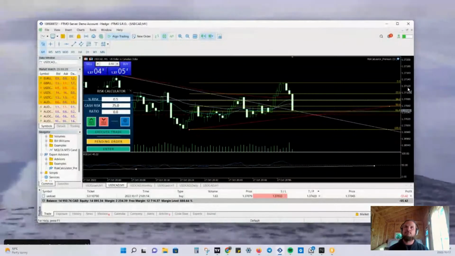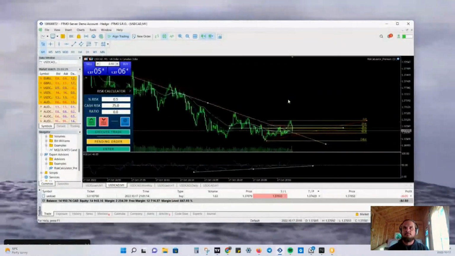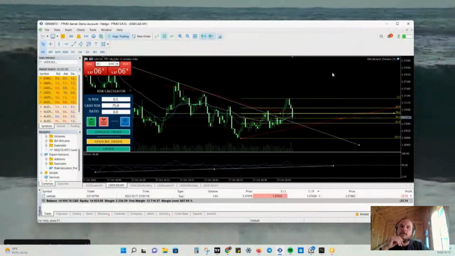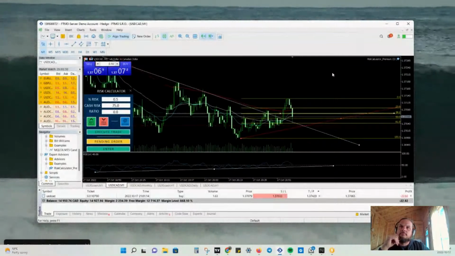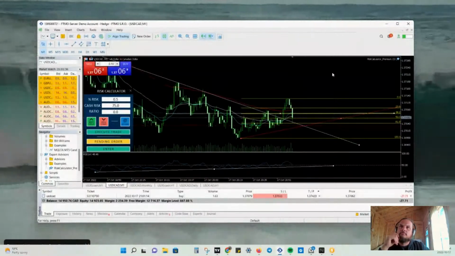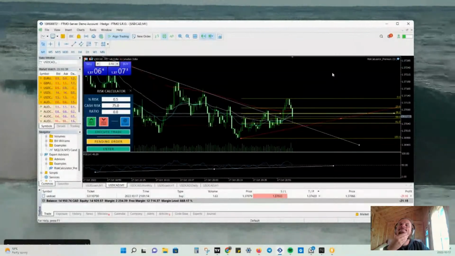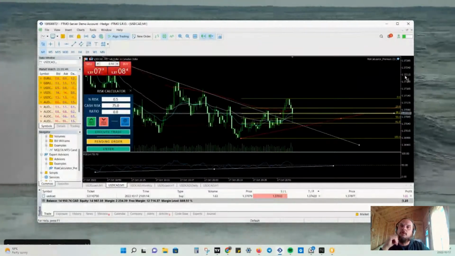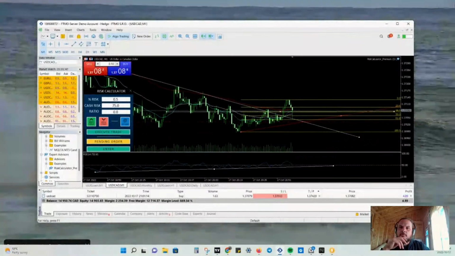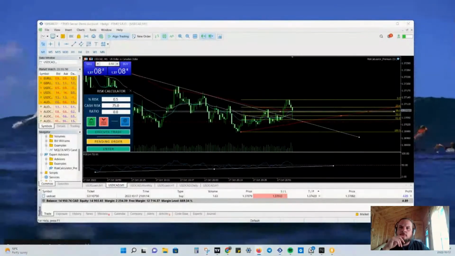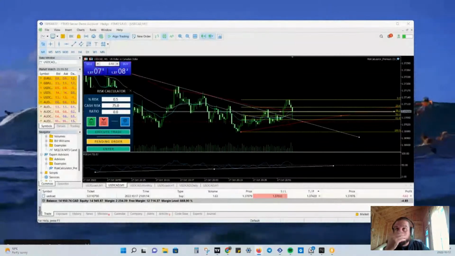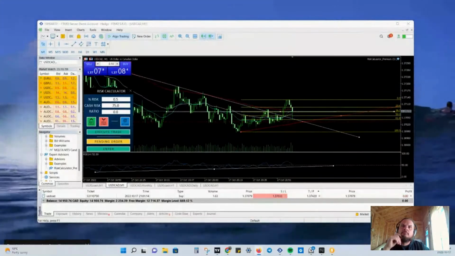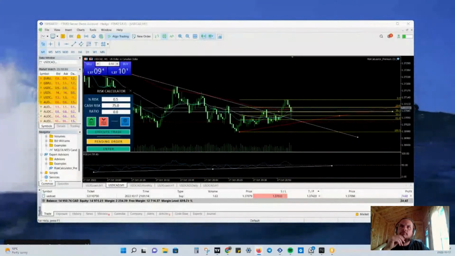And wick off the 618. Strong wick. Real strong wick.